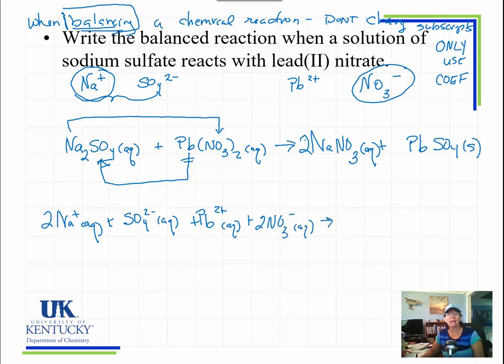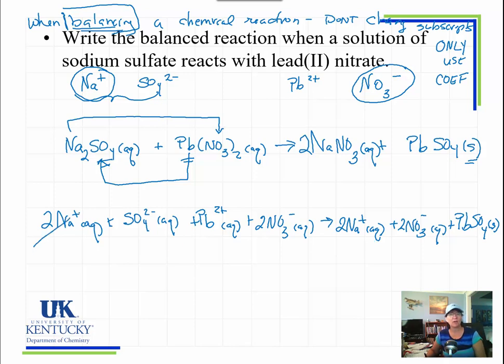On the right-hand side, we have 2 of the sodium ions floating around. We have 2, the 2 goes to the nitrate as well, 2 of the nitrate ions floating around. Since this is a solid, we don't break it apart. They're not separate from each other. The solid is lead sulfate, PbSO4, and an s. So that is the complete ionic equation.